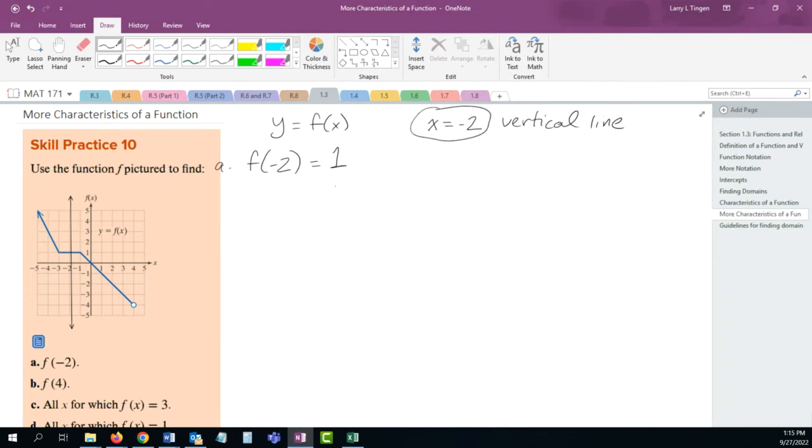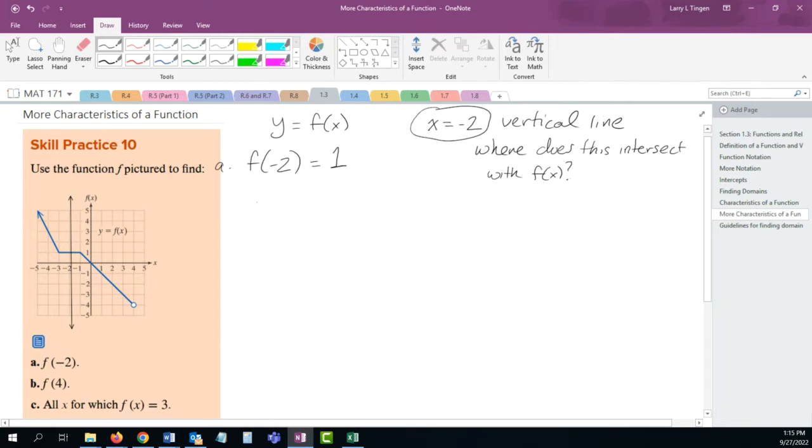I either have a function and a vertical line, or a function and a horizontal line, and I'm looking for the intersection. Where does this intersect with our function? And that's where we find our answer.